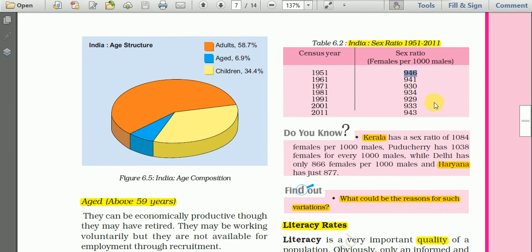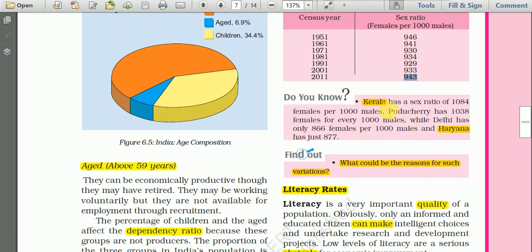In 1956, there were 946 women per 1,000 males. And in the year 2011, according to the 2011 census, we have 943 females per 1,000 males. That means the number of females has been decreasing.